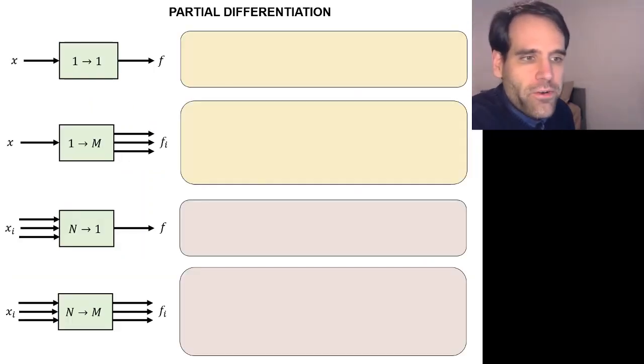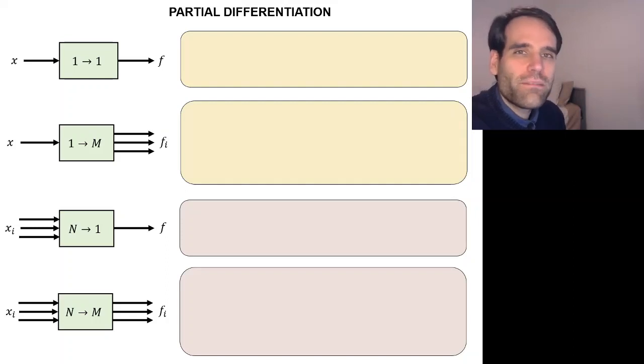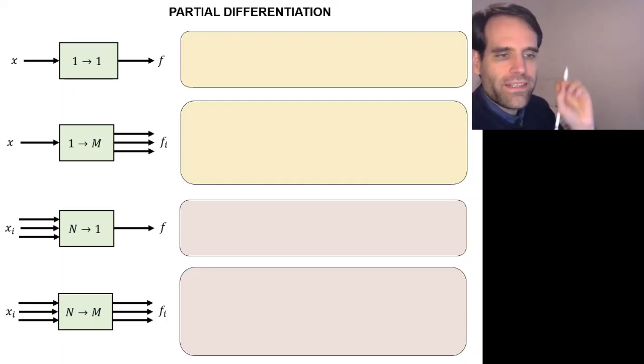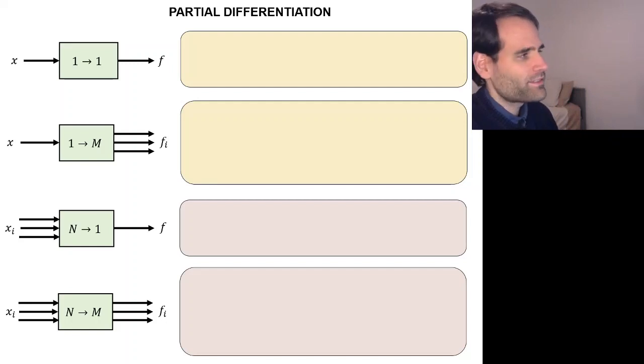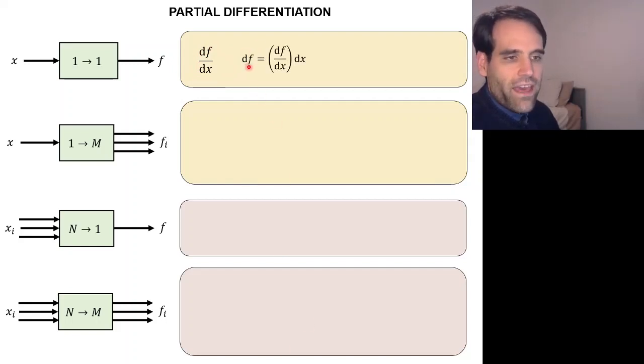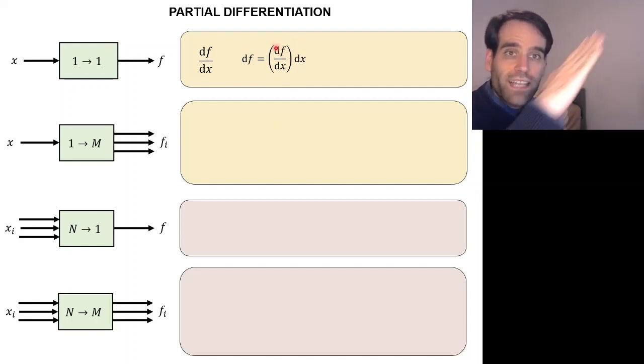Even better is if we realize how all that we have learned about derivatives so far fits into this model of the Jacobian. So think about this. In the simplest case of a one-dimensional function f of x, so 1 to 1, we calculated the derivative of f with respect to x, such that df is simply this derivative df with respect to x, which is the slope of the tangent to the line, multiplied by dx, okay?